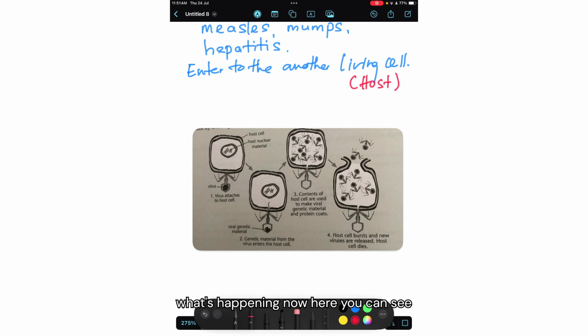What's happening? Now here you can see this is the host cell, and this is the host cell nuclear material. Suppose this is our human cell or animal cell, and that cell has its own genetic material. So the virus attaches to the host cell. So first they attach. Number one, attach.